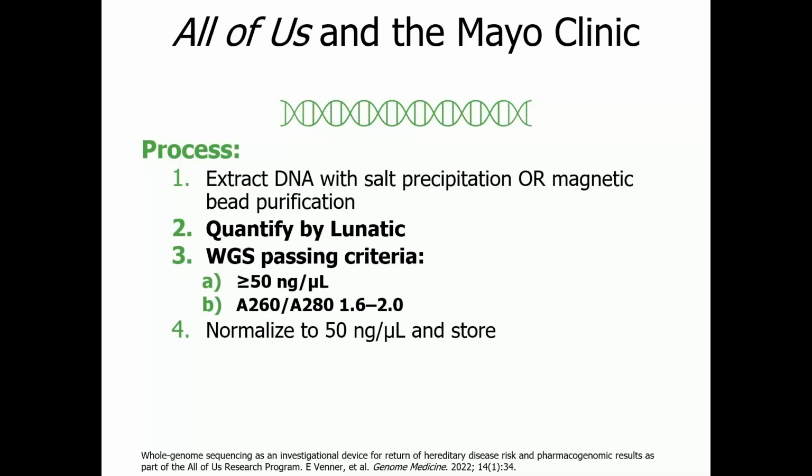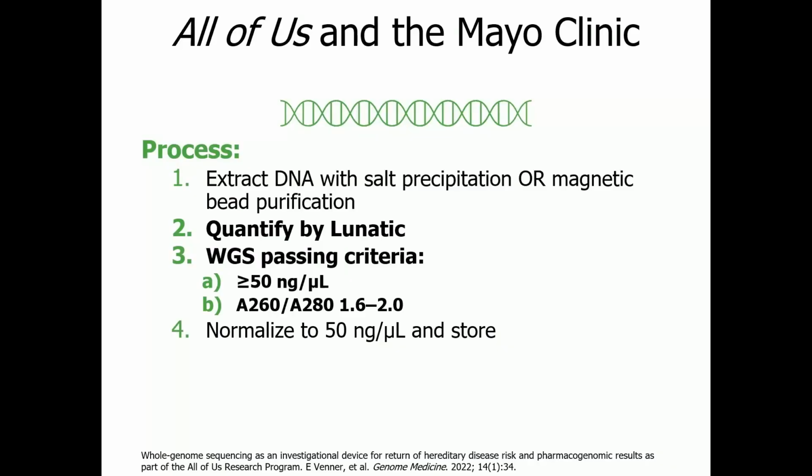The All of Us research program, which is sponsored by the NIH, uses the Mayo Clinic Biobank and has the goal of enrolling at least 1 million people into a database with health-related information and genetic data. Their process involved automated DNA purification, again from blood, using either salt precipitation or magnetic bead purification.